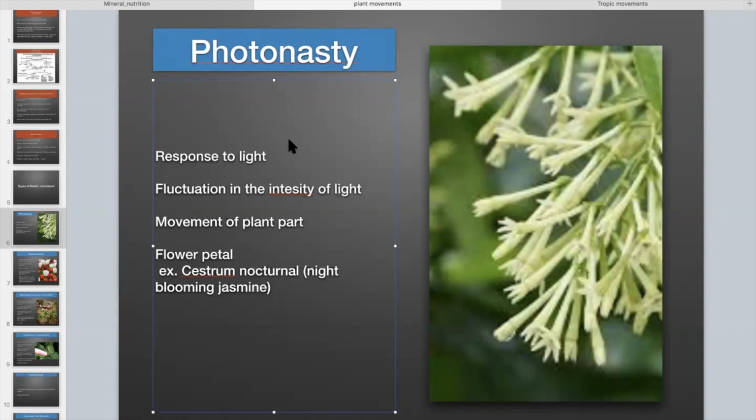Flower petals are showing response. These are the flowers and these are the petals. For example, night blooming jasmine, whose botanical name is Cestrum nocturnum. We call it the photonasty movement.